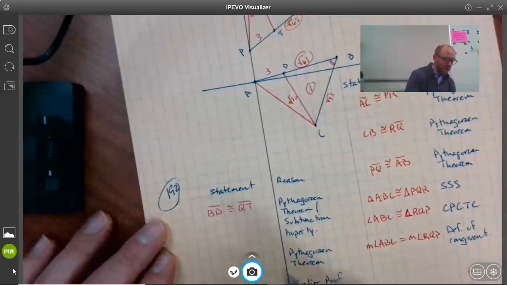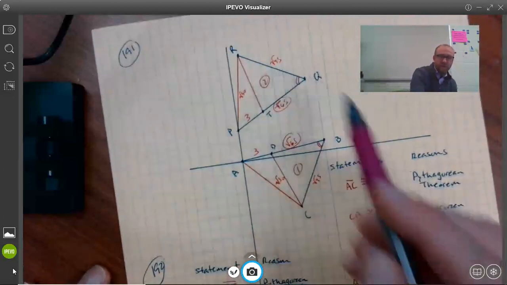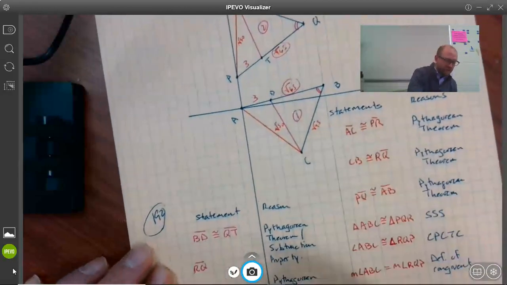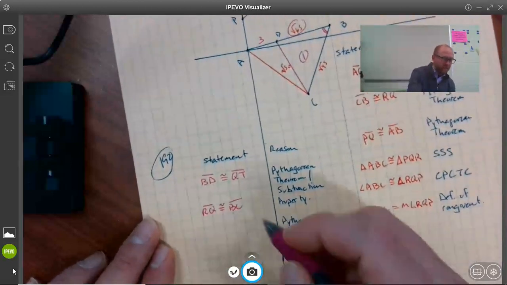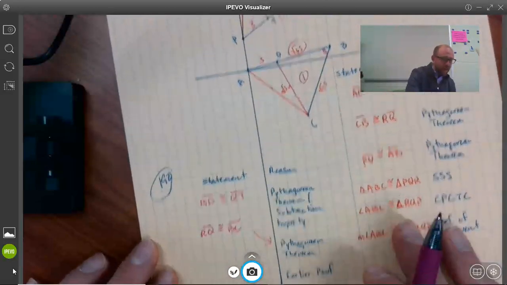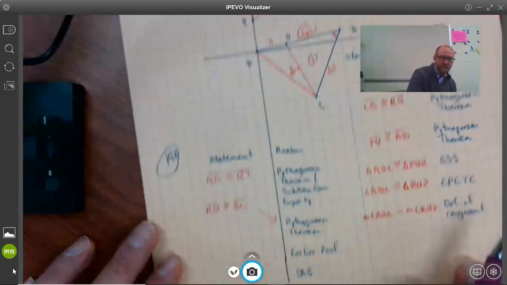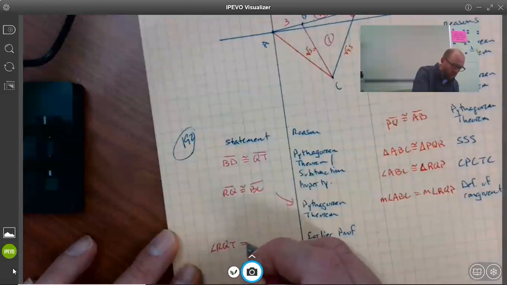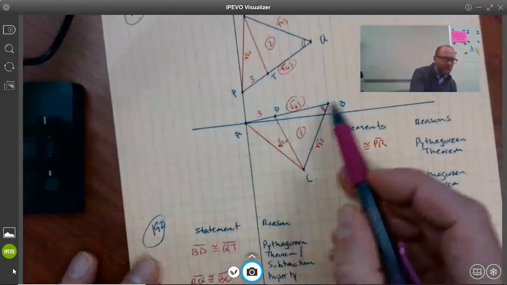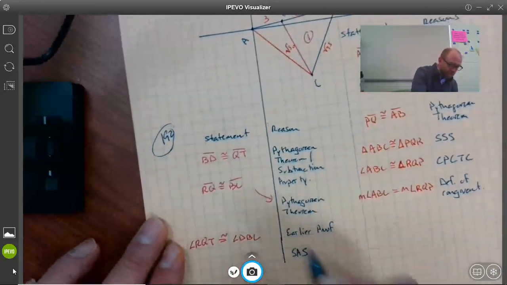And then of course we have that segment RQ up here is congruent to BC. All right, we had that from earlier, and that's just Pythagorean theorem again. And then from an earlier proof, the one we just did, we have angle RQT being congruent to angle DBC.